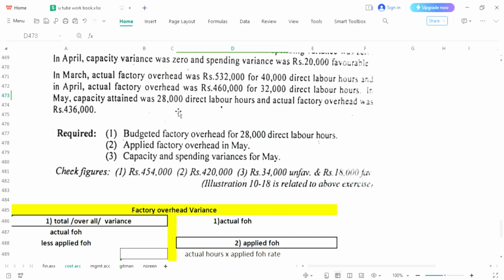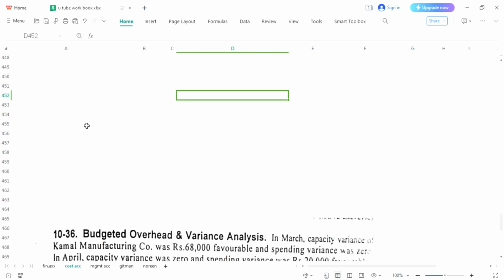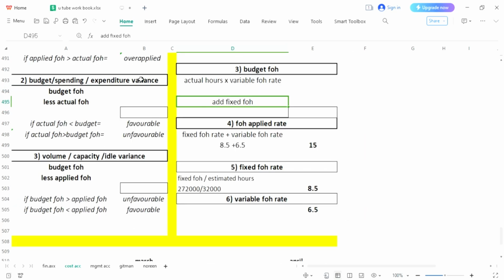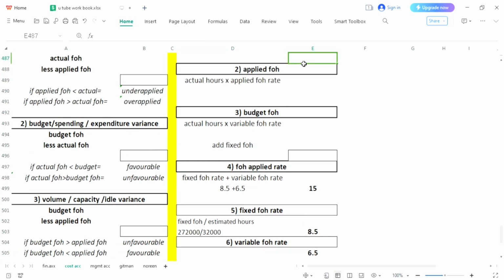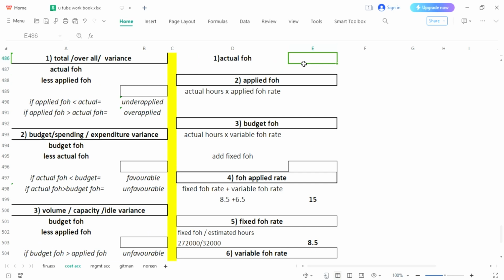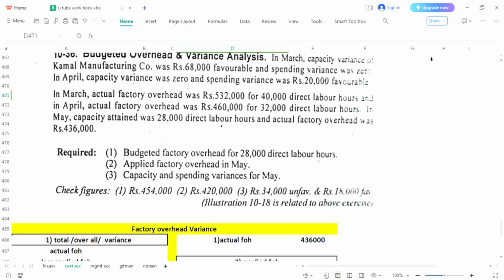28,000 direct labor hours and actual FH was 4,36,000. So come over here, actual FH we have got, and that is 4,36,000. Actual FH has been calculated. Actual hours are given in the question. You can see 28,000.